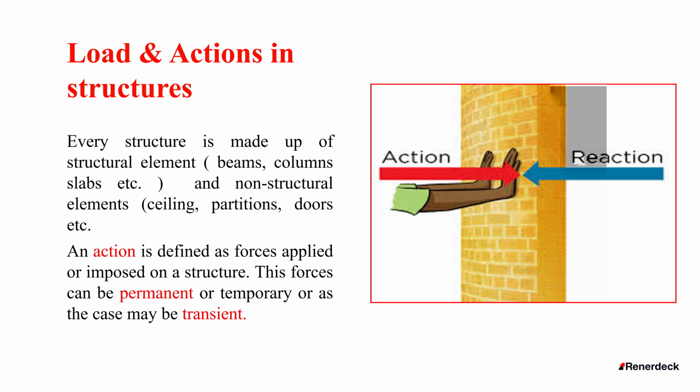Since the wall is a permanent load, there's a reaction coming from the opposite side of the structure. So these two elements must be present in every structure. Understand? In this case, the wall is acting as a permanent load, while the person is acting as an imposed load. So let's go deeper.